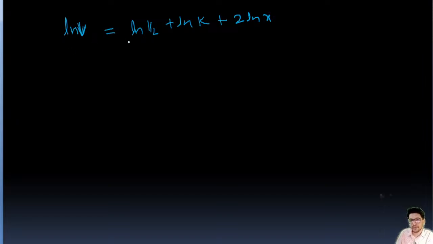Now we'll differentiate this. So del V upon V is going to be equal to 0 plus del k upon k, plus 2 del x upon x.